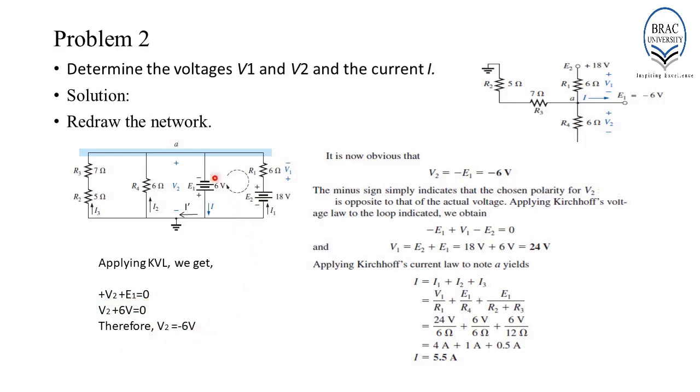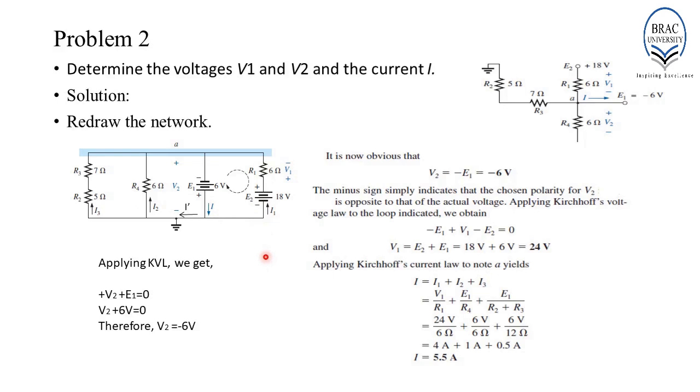Again, over here we have a complete loop. Hence, if we apply KVL over here, we can determine V1, which is basically 24 volts. Now, if you notice carefully, you'll see that this branch, this branch, this branch and this branch, all these four branches are parallelly connected.